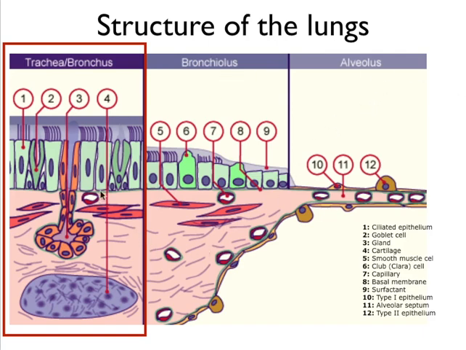And now first of all, the trachea and the bronchus. They have the cartilage here, and they are covered with epithelial cells that have cilia. And these ciliated epithelial cells are covered with mucus.